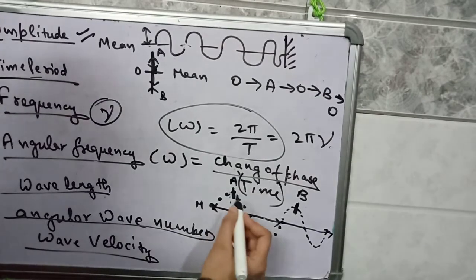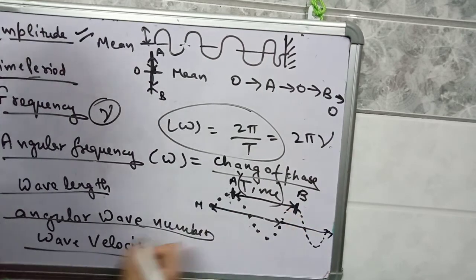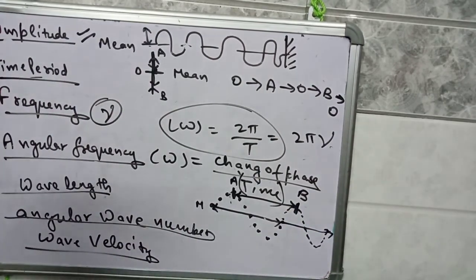So the particle has covered some distance to complete one oscillation. That distance covered is known as wavelength, or you can define it in the other way as the distance between the two nearest particles of the medium which are vibrating in the same phase.